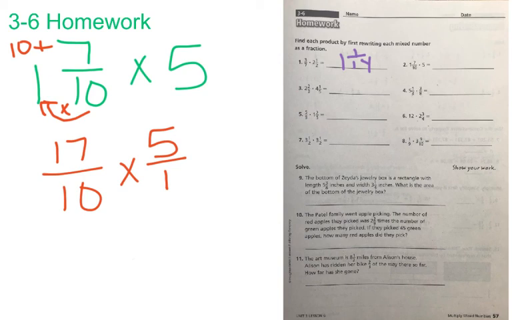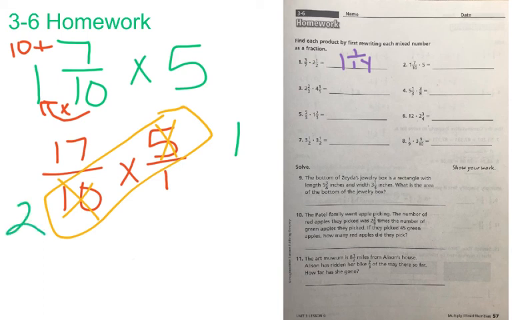This is good practice for us because this is one where we can cross reduce, because 5 is a factor of 10. 5 times 2 is 10. So 5 can go into 5 one time, and 5 can go into 10 two times. So now 17 times 1 is equal to 17, and 2 times 1 is equal to 2.